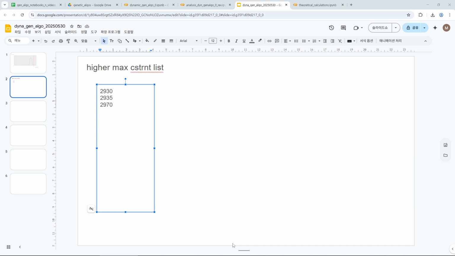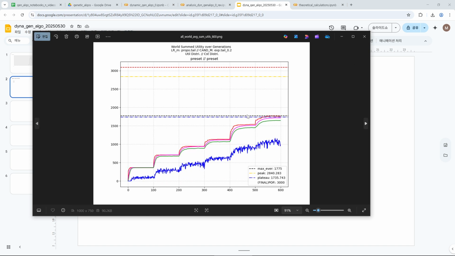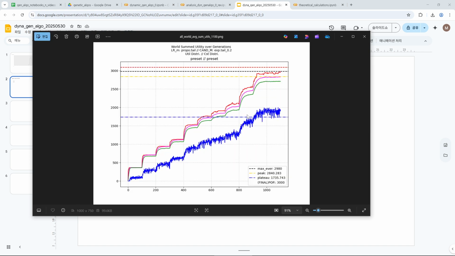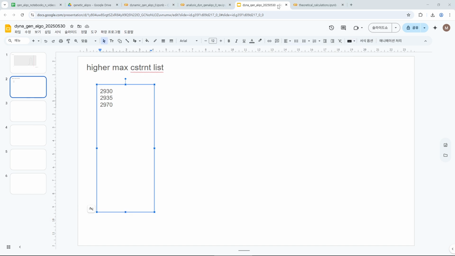That is respectively proportionate tail, XP tail, and 0.2 or 20%. And for that, we get this, and now the maximum ever has reached 2980. That's good.